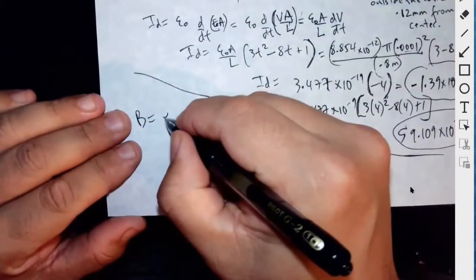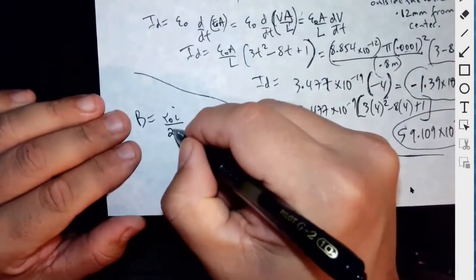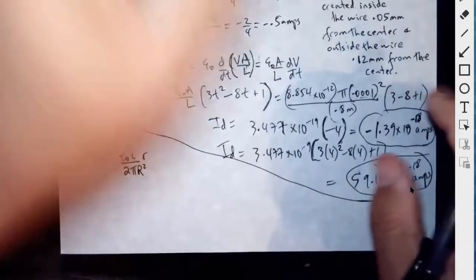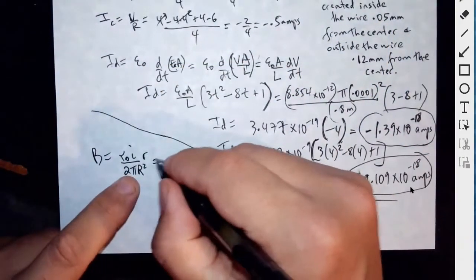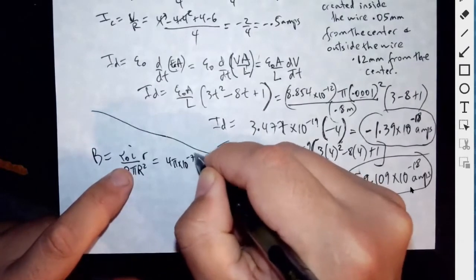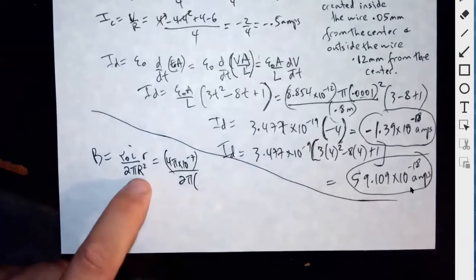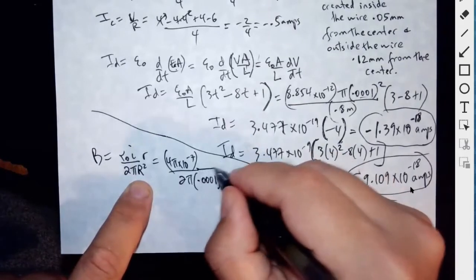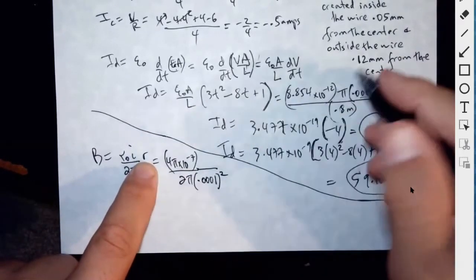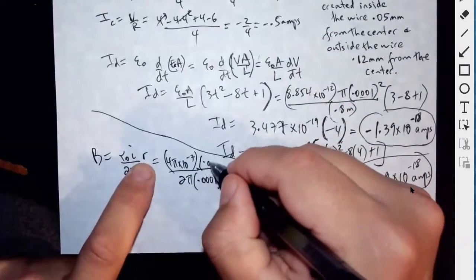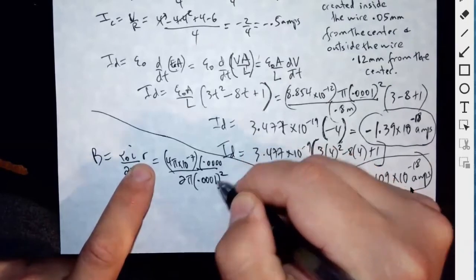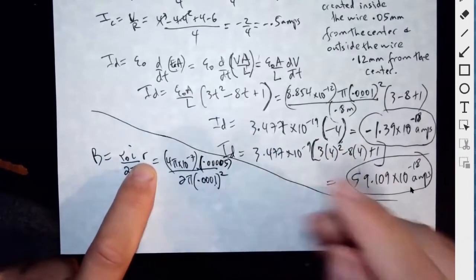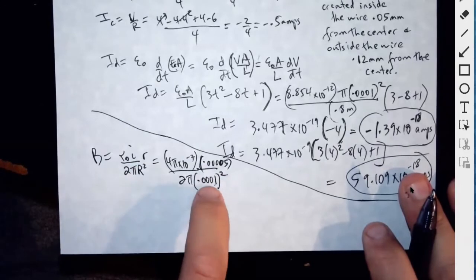If we're inside, it's mu 0 I over 2 pi r squared, times r. So you use 4 pi times 10 to the minus 7 over 2 pi r squared, where r squared is 0.0001 squared, and r is 0.00005, half of this basically.